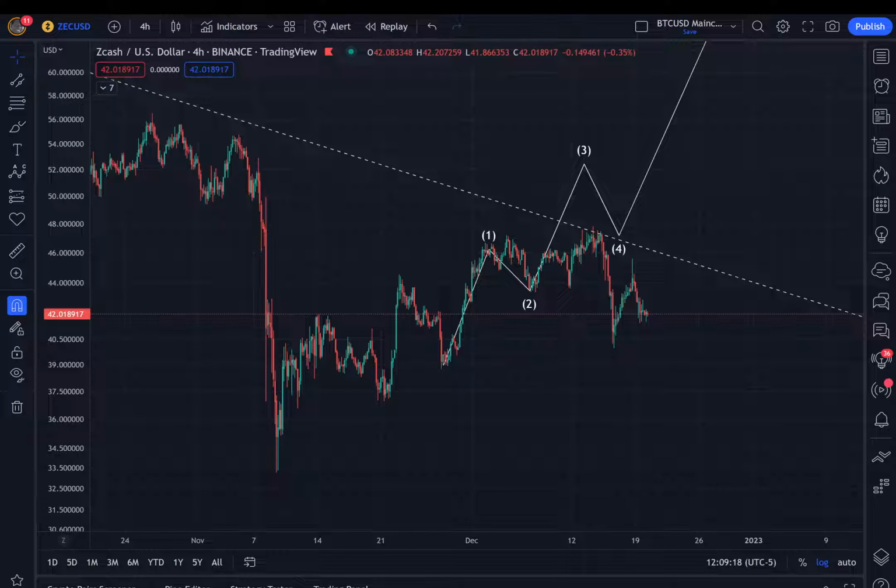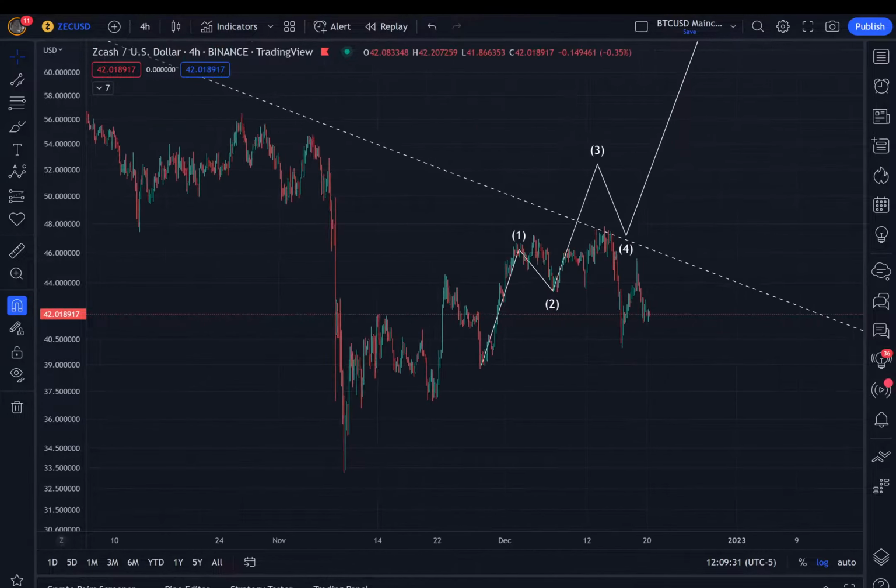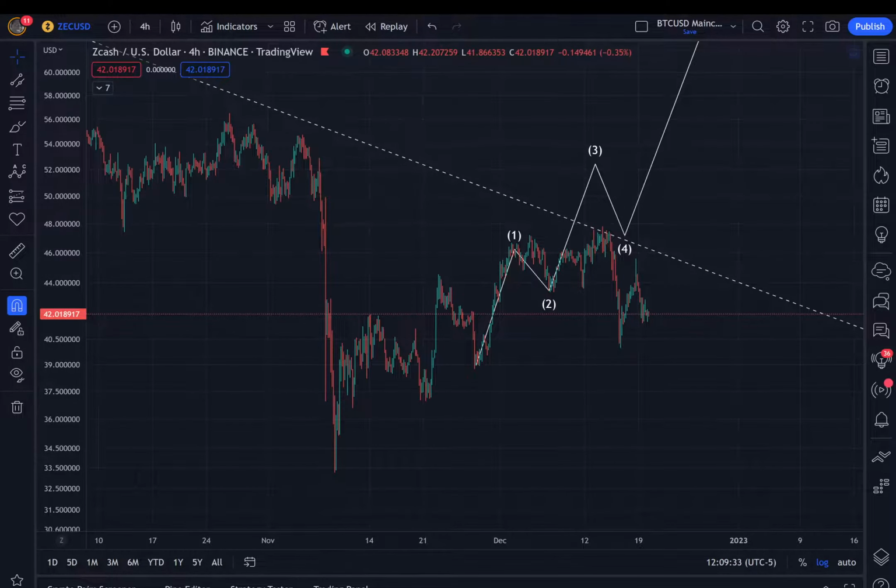And that's how you get it. That's how you're going to get an edge in the market, applying this on your own charts, applying this in your own investments.